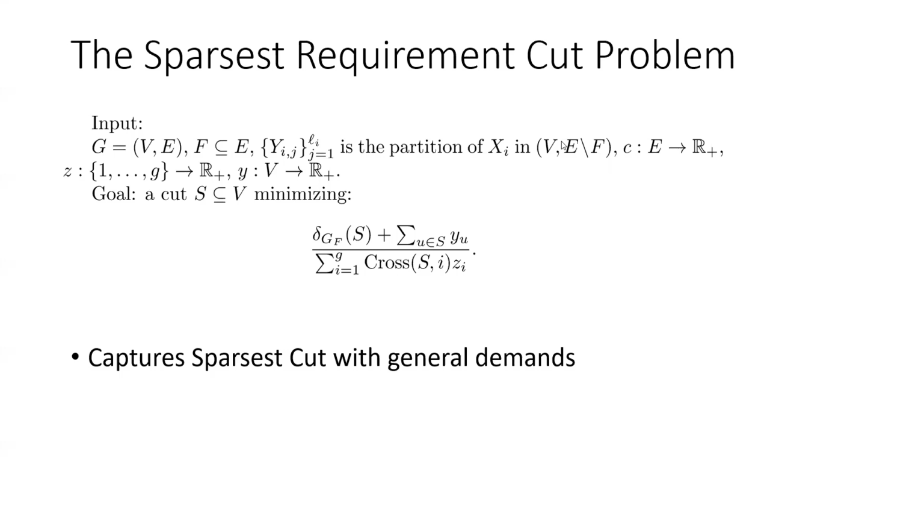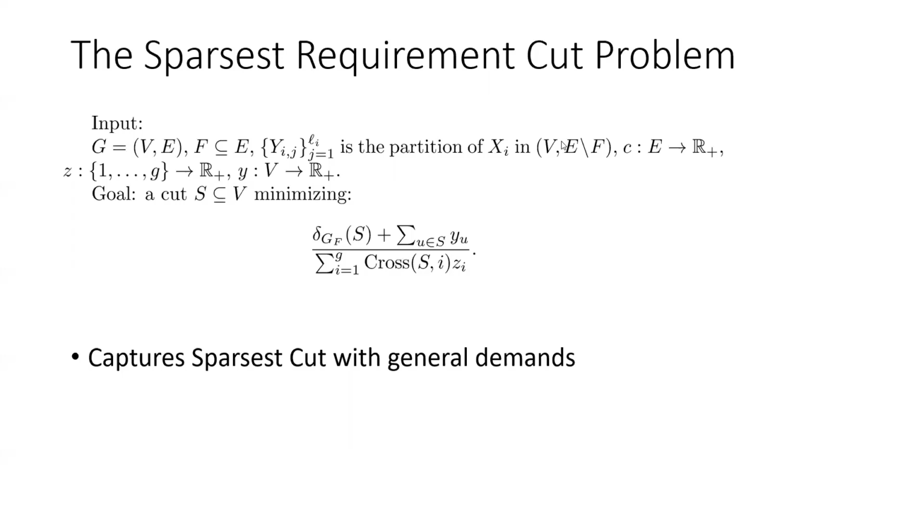In the numerator, we have delta S and a sum of the vertices weights. And so the delta S here, as before, states the weights of the edges crossing it, and the sum is self-explanatory. And in the denominator, we have a sum of something called cross S_i times Z_i.